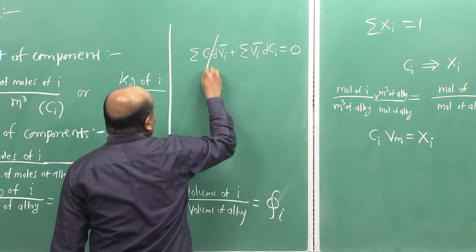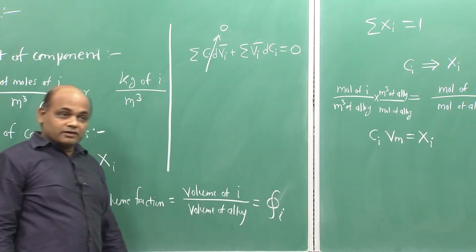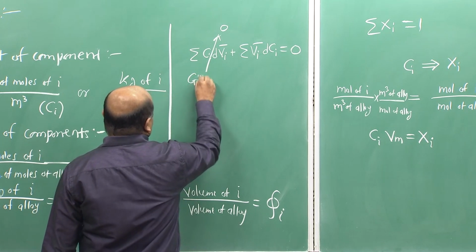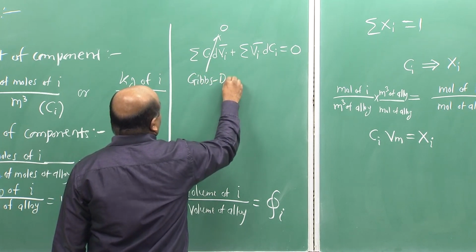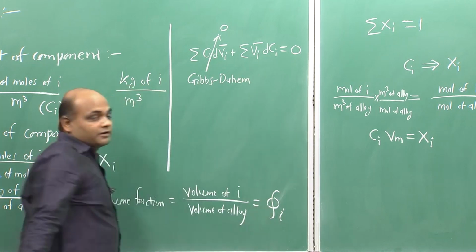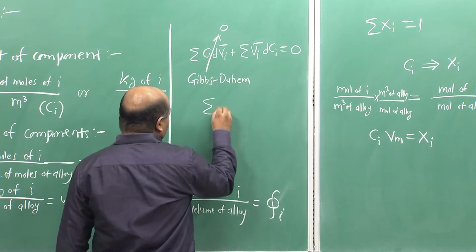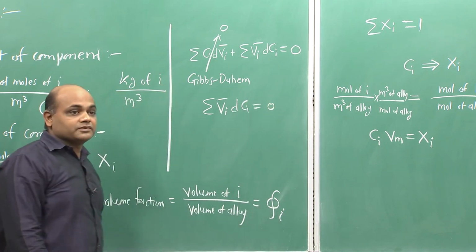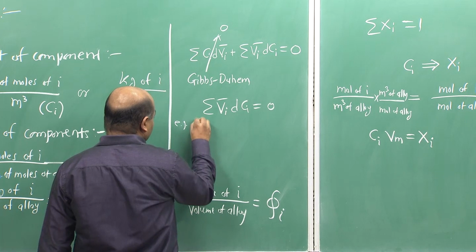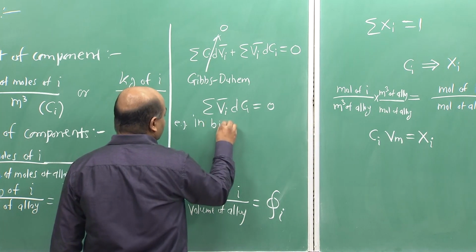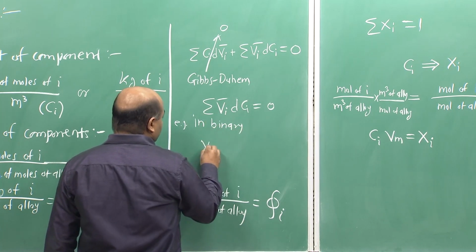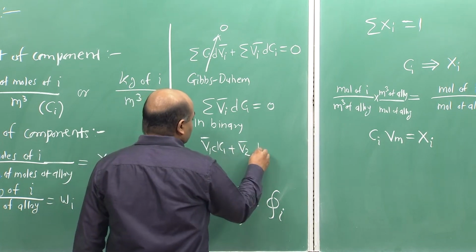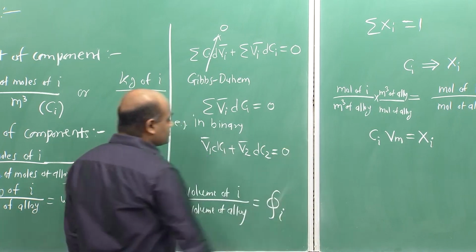Now, this first quantity we know is 0 based on Gibbs-Duhem equation, right. So, what we get is sigma Vi bar dCi equal to 0. So, for example, in binary we can write V1 bar dC1 plus V2 bar dC2 equal to 0.